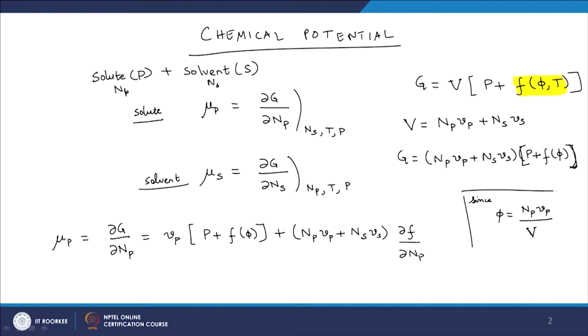So, using this particular relation I can write this thing as dou F by dou phi by dou Np. So, we can write dou F by dou Np as dou F by dou phi multiplied by dou phi by dou Np, and now let us see what the dou phi by dou Np is equal to.